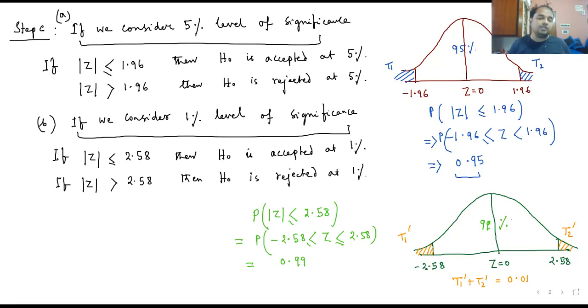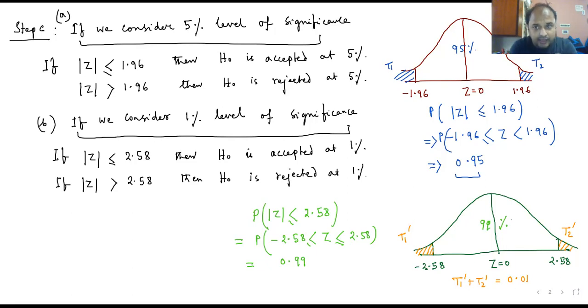Then when it's a matter of considering the conclusion about the situation, you have selected two levels of significance. In one level of significance, you are observing that your hypothesis is going to be rejected. In another level of significance, you are seeing that your hypothesis is going to be accepted.